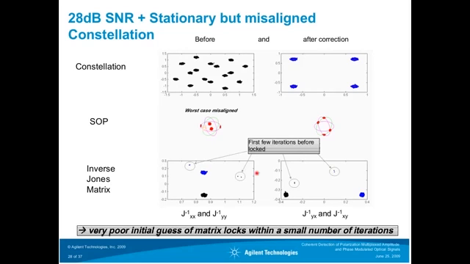And you can see that there are only a few points outside the correct estimation, so the estimation is converging fairly fast. There are only 2 points until you reach almost the final estimation. So even if you have a very poor initial guess, the estimation locks very fast to the final estimation of your matrix.